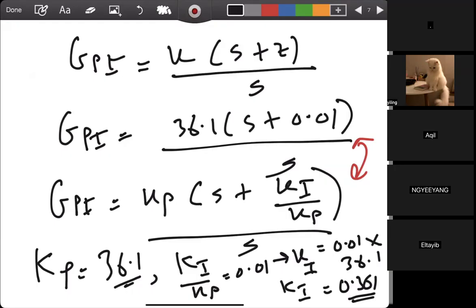If it's a digital controller, you just insert the value KP 36.1 and KI 0.361. If you don't have digital controller, you have analog controller, so you have to tune the variable resistor so that the gain is 36.1 for KP and KI 0.361.